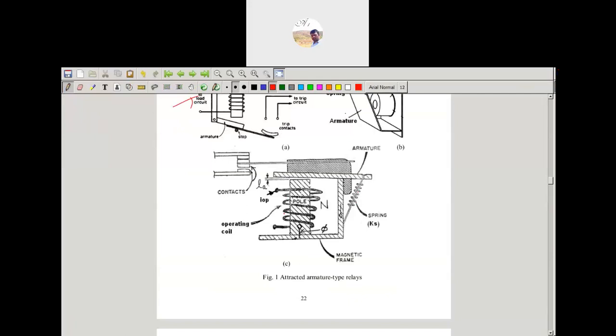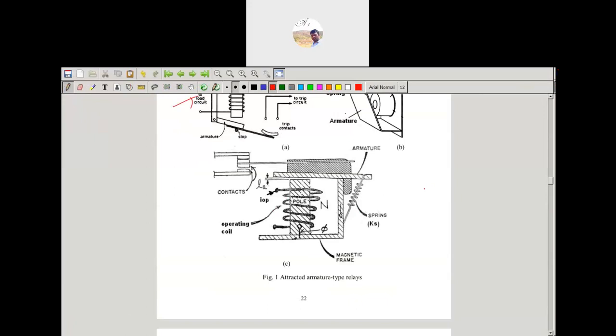So whenever there is a variation in the input current, the electromagnetic coils, which are induction based, will release this coil. Due to that, the springs will be turned, then the contacts which are connected to the relay will be released. The operating contact will be here, and the magnetic frame will be placed, and the armature, we are having the armature.